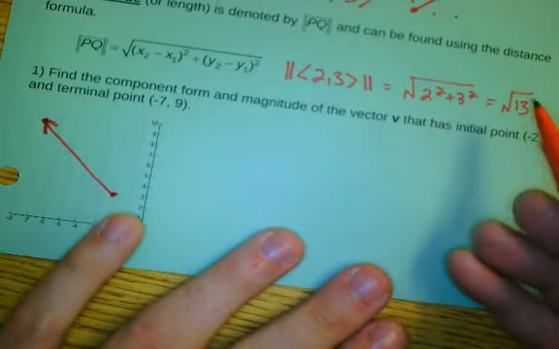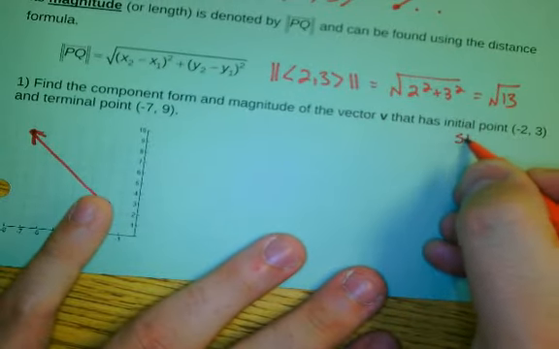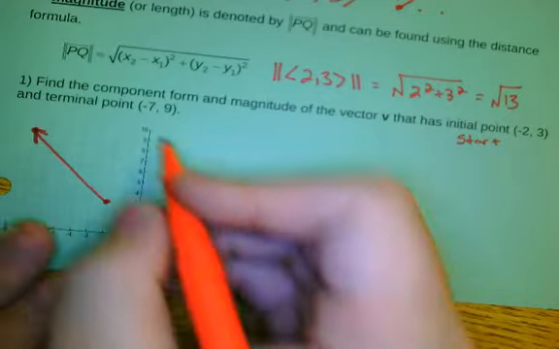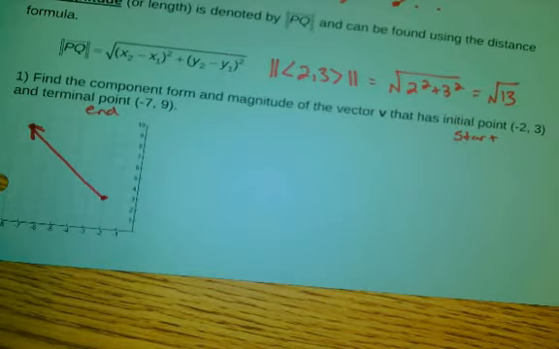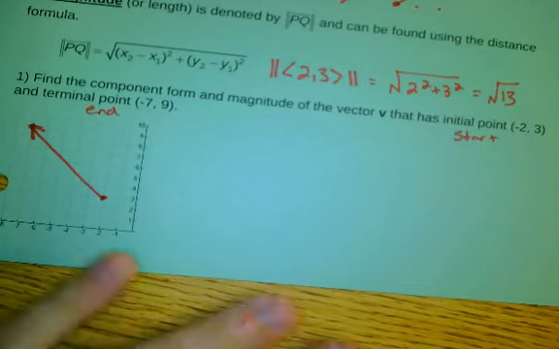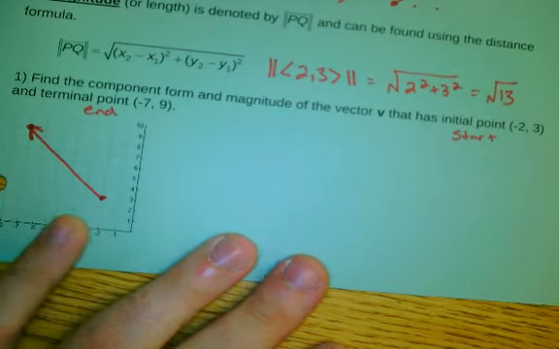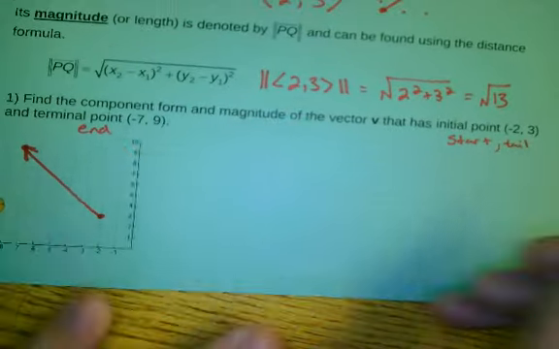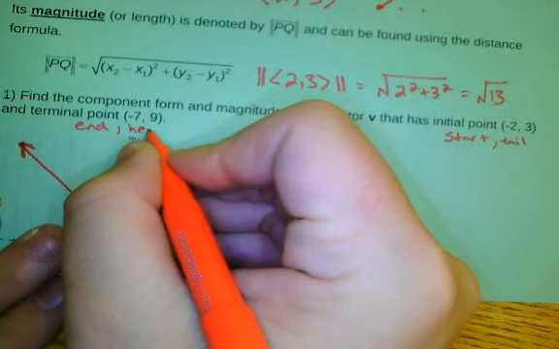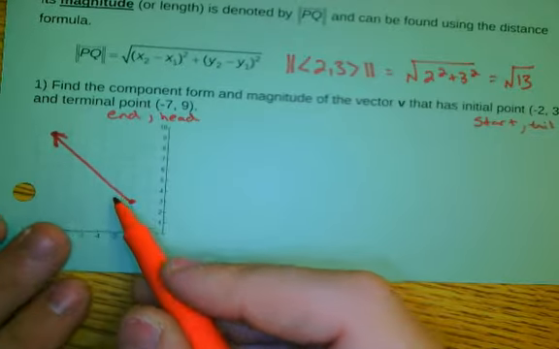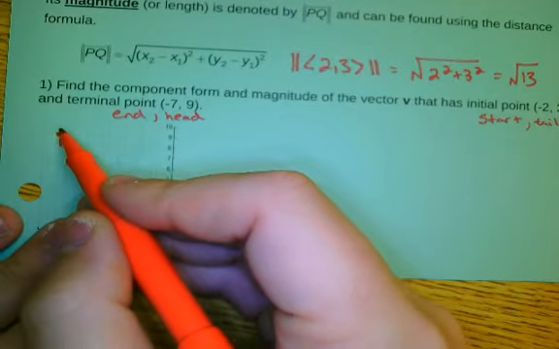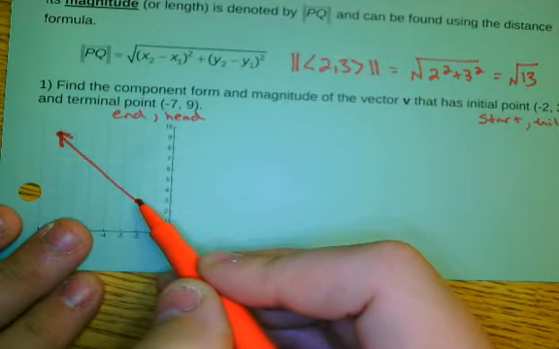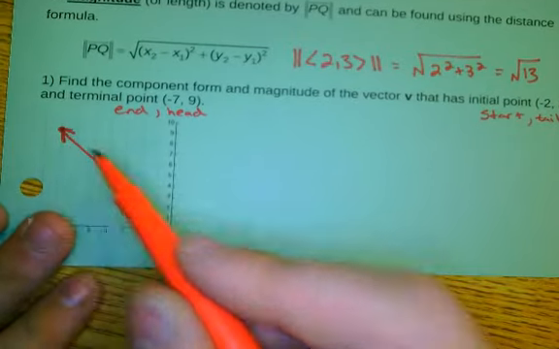So this has an initial point, which means your starting point, and your terminal point is your end. This is also known as the tail, and this is also known as the head. So this is the tail, this is the head.